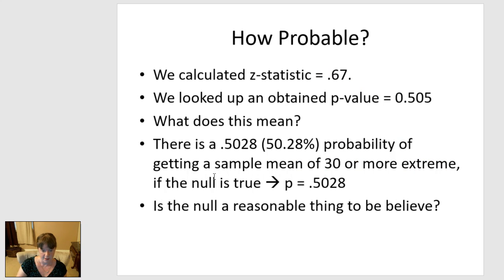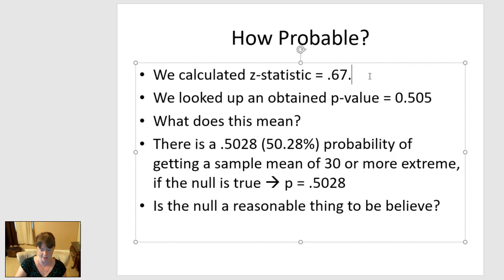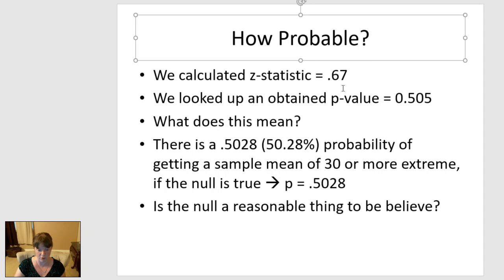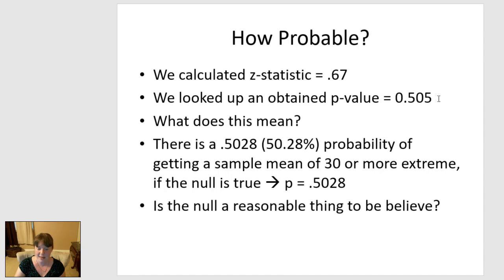So what do these numbers mean? So we've calculated a z statistic of 0.67. So z equals 0.67. And then I went ahead and looked up the p-value for 0.67. And that p-value was 0.505, right? So what does all that mean?